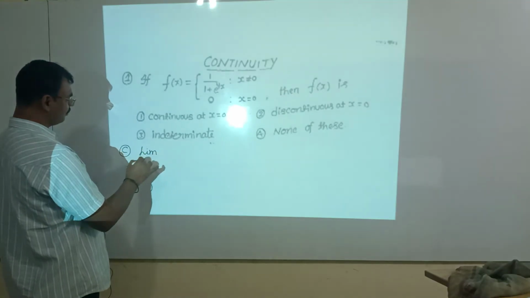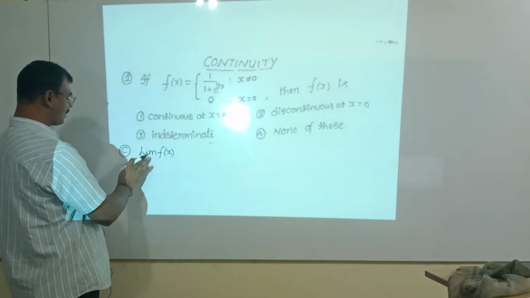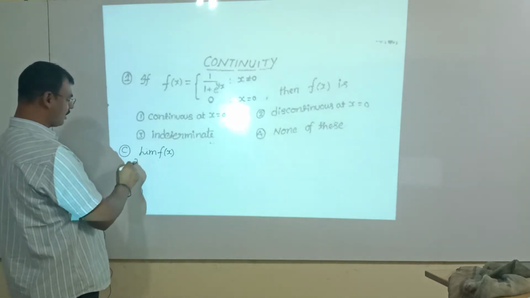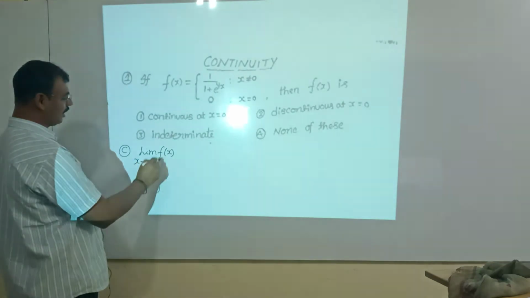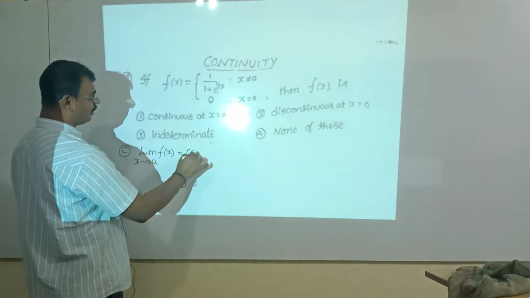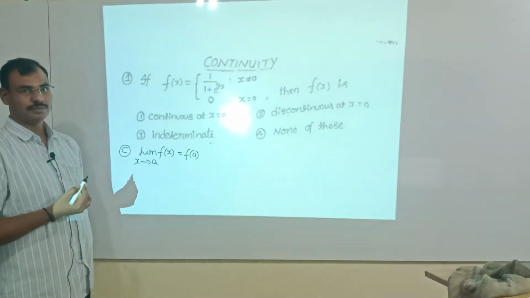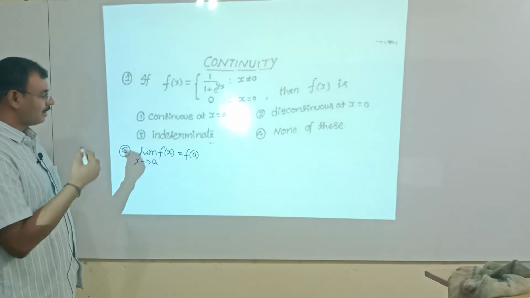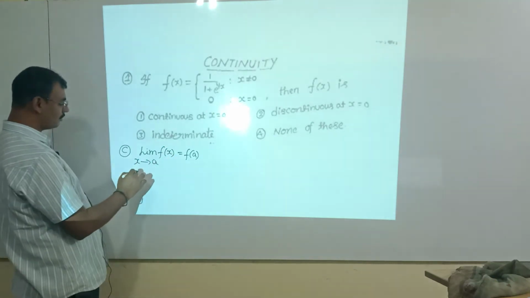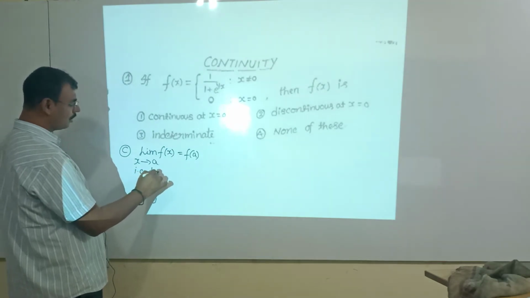If the limit of f of x as x approaches a is equal to f of a, then f is said to be continuous. Whenever there is a break, this meaning I also have to have, right?